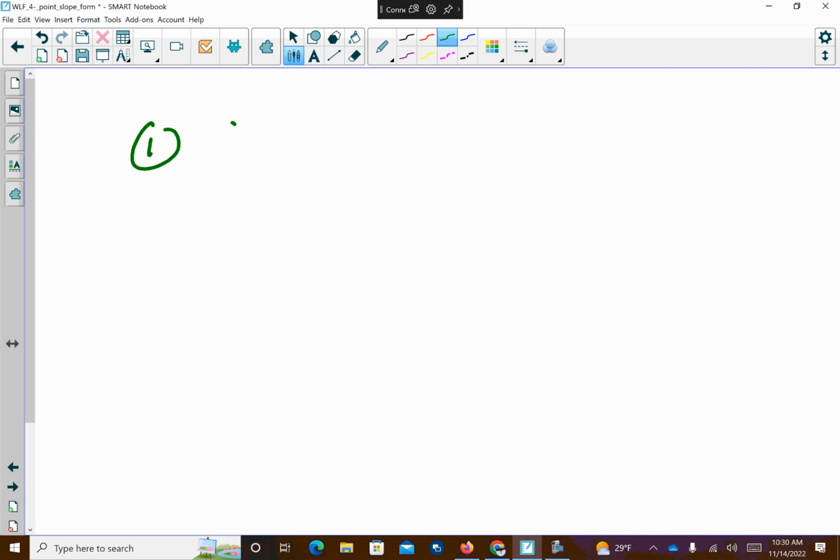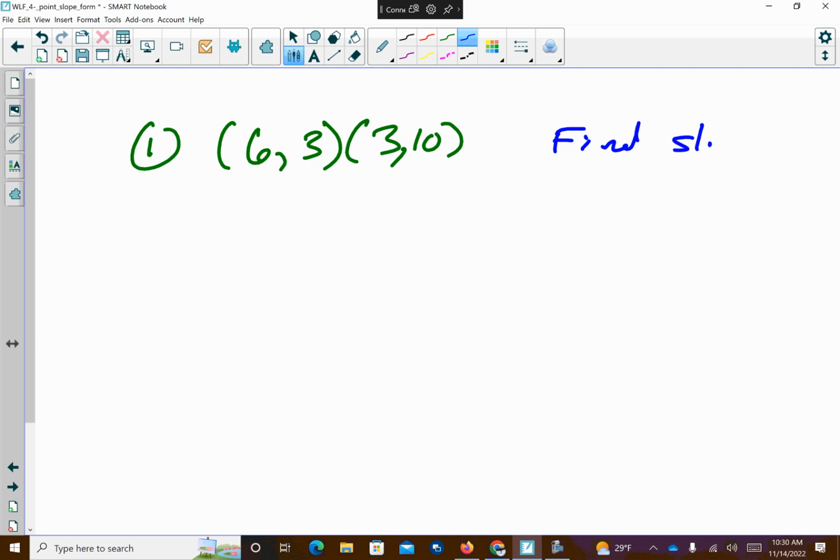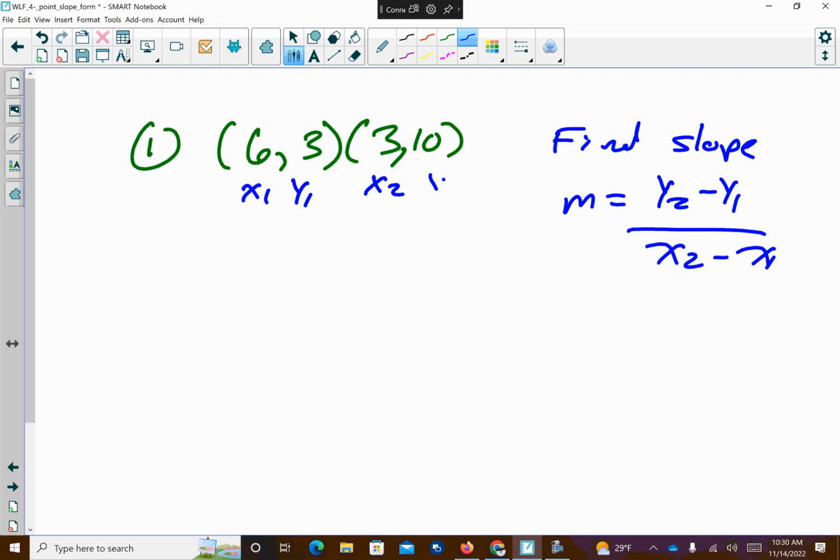How would I do problem number 1? What does it say to do? Find the slope, right? So the slope equation's this. And a really good way to start this is label x1, y1, x2, y2, and plug those values into your slope equation.